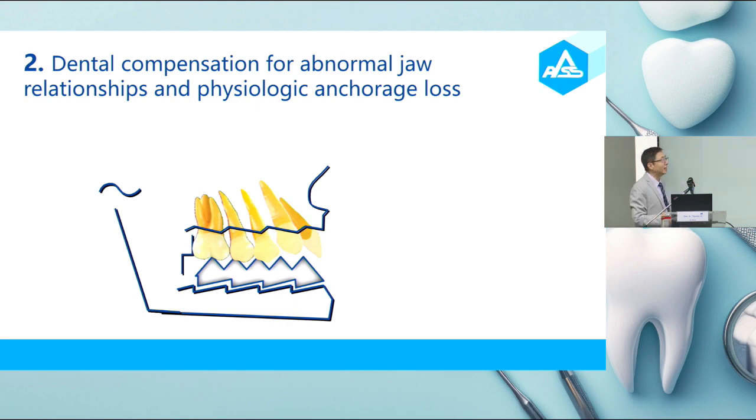Let's think about another scenario. In one case, it's a retrognathic mandible, skeletal class 2. Another case, it's a prognathic mandible, skeletal class 3. What impact would that have on the upper teeth?